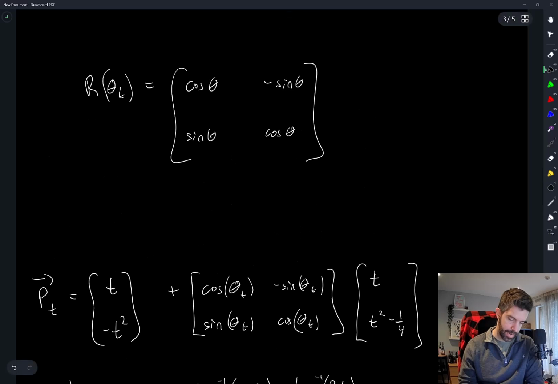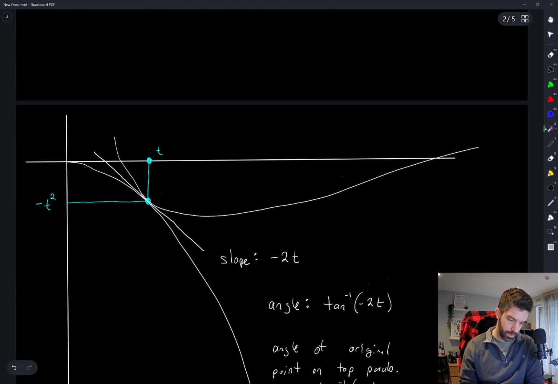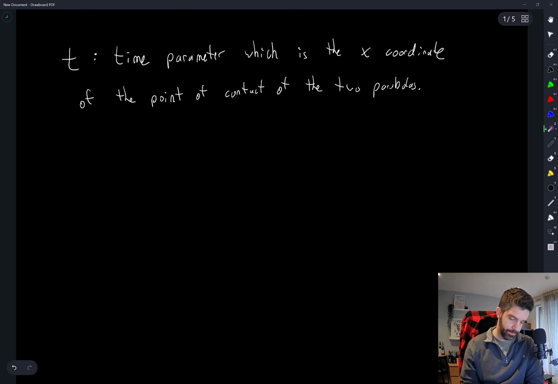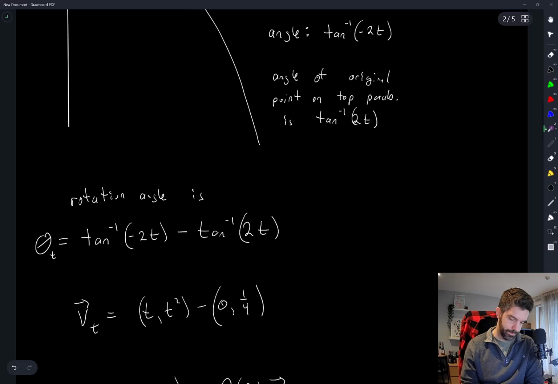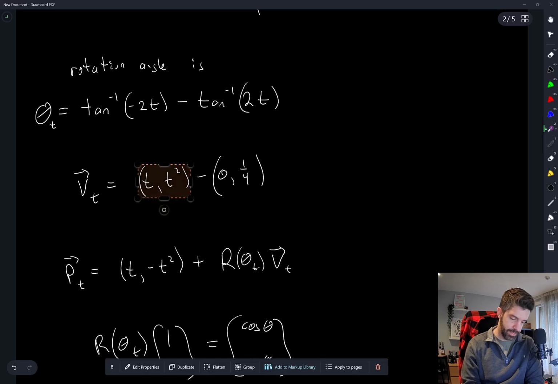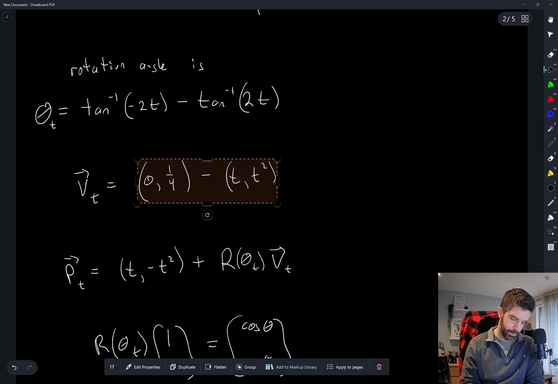Oh, yes, I have. I've done something wrong. In computing this vector, it's this point minus that point. So I've got this expression for v of t backwards. It's like that.